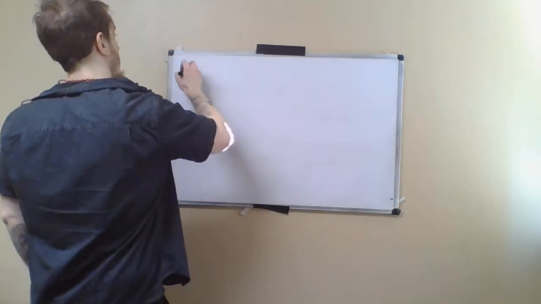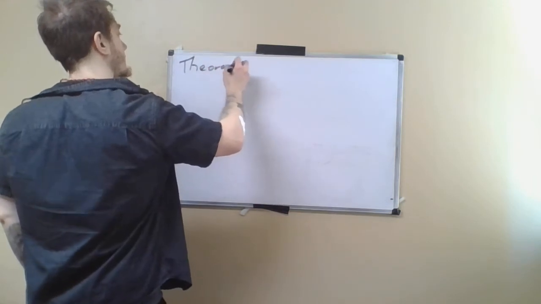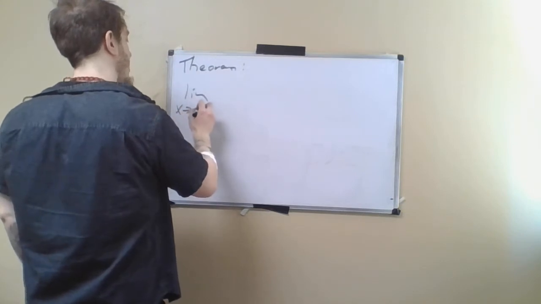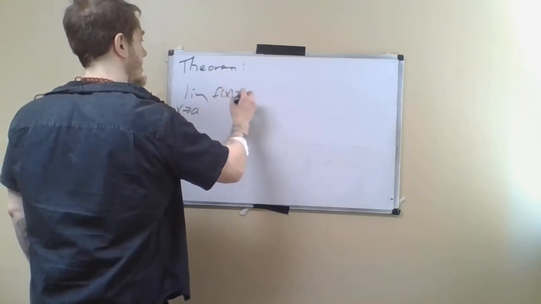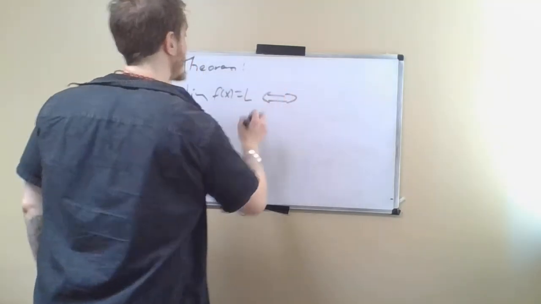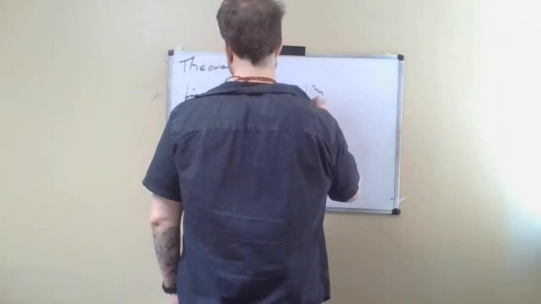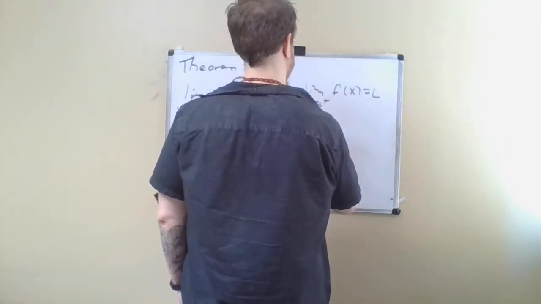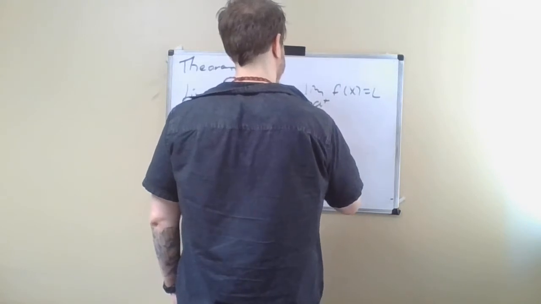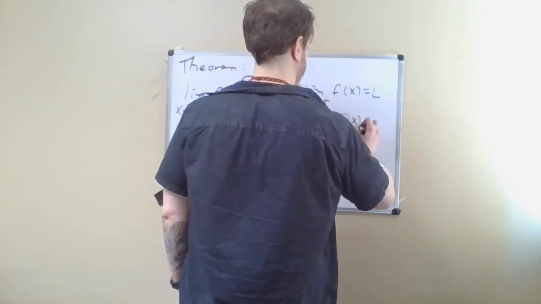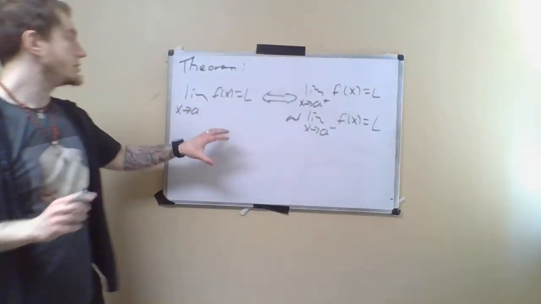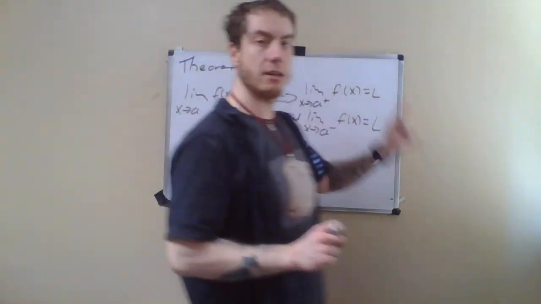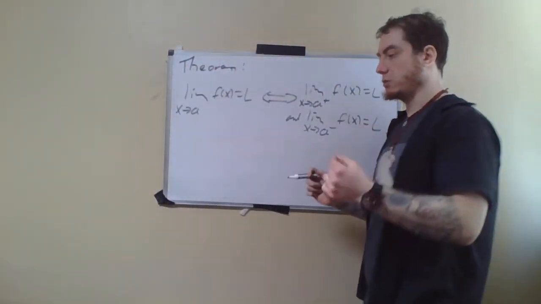So, theorem: having the limit as x approaches a of f of x be equal to L is equivalent to saying that the limit as x approaches a from the right of f of x is equal to L, and the limit as x approaches a from the left of f of x equals L. So if the limit exists and it's equal to L, then the right and left-hand limits both exist and have to be L as well.